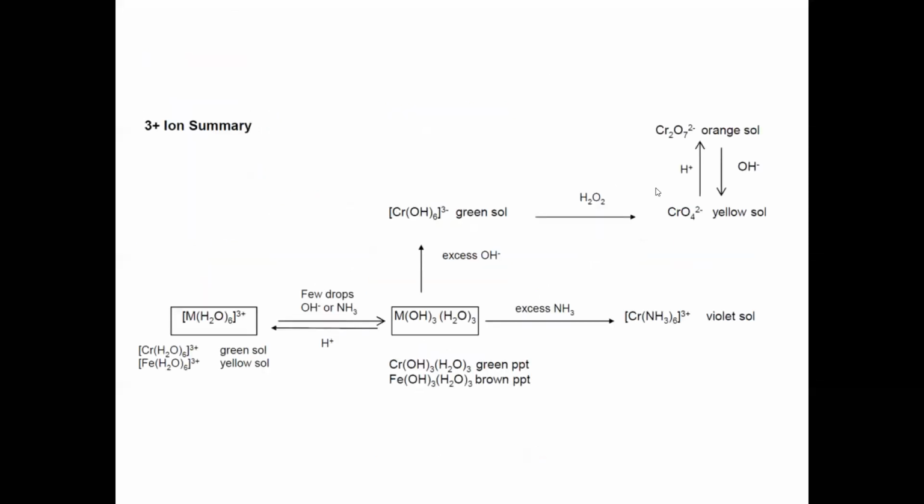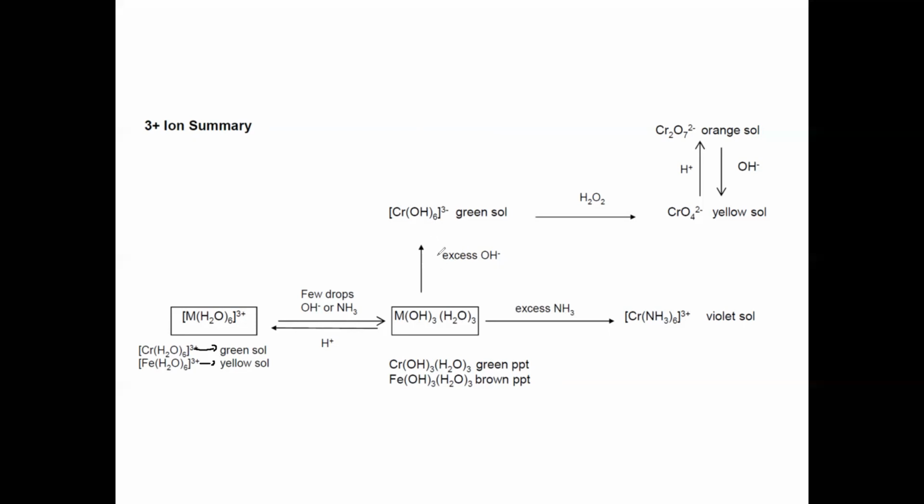And the iron summary overall. If we have a complex of chromium or iron, the complex of chromium is green and the complex of iron 3 is yellow. If we add aqueous ammonia or sodium hydroxide, it forms a green precipitate with chromium and a brown precipitate with iron 3. If we add excess ammonia, the chromium precipitate undergoes ligand exchange; with iron, there is no change.